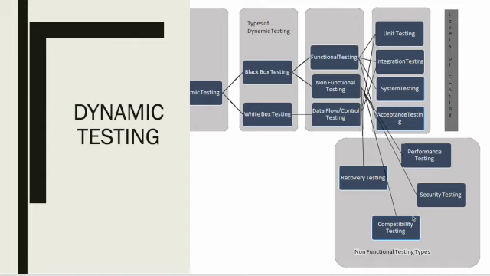Is it in the PowerPoint for last week? Okay, so we also have some other kinds of testing: non-functional testing, recovery testing, security testing, compatibility testing. You know what compatibility testing is? Compatibility testing is checking how well an application will perform on other devices, other systems, under different operating systems.